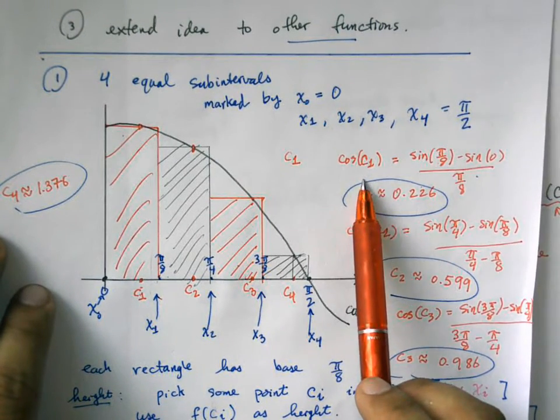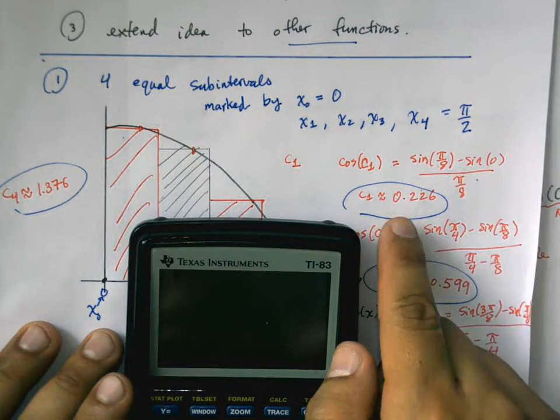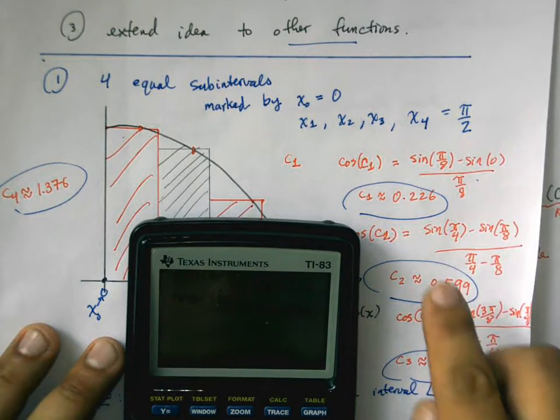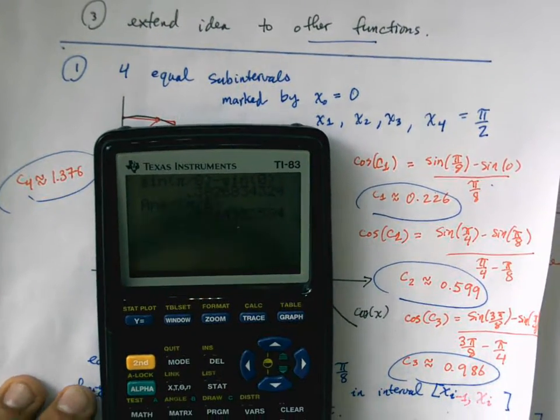Right? We tried to find c sub 1, and the way we did that from before, we did sine of pi over 8 minus sine of 0, then divided by pi over 8. And then to find c sub 1, what did we do?